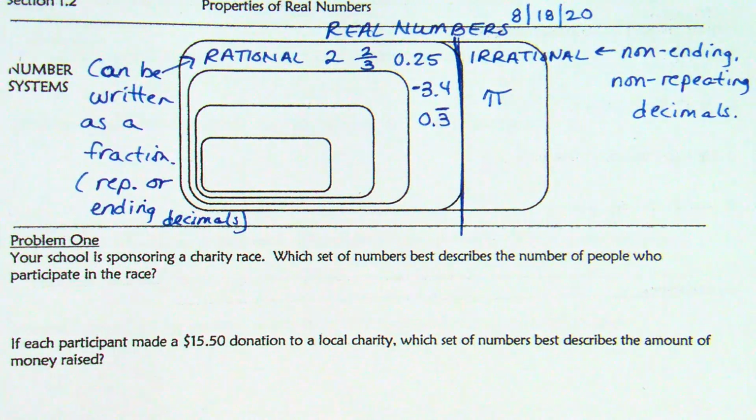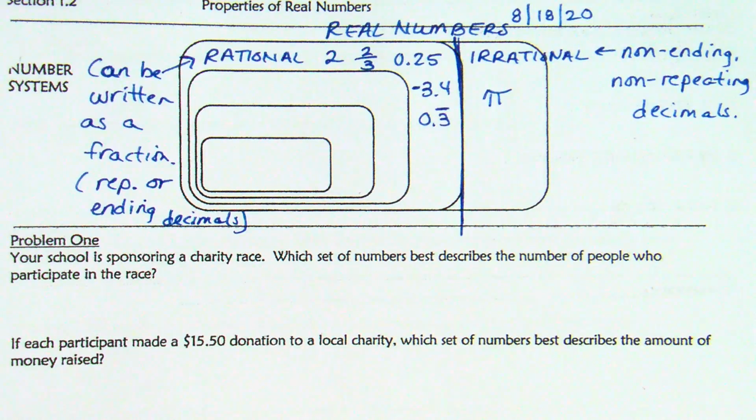Are all square roots irrational? Ones that aren't perfect squares. If I say square root of 25, square root of 25 is 5. That falls over into our rational category.